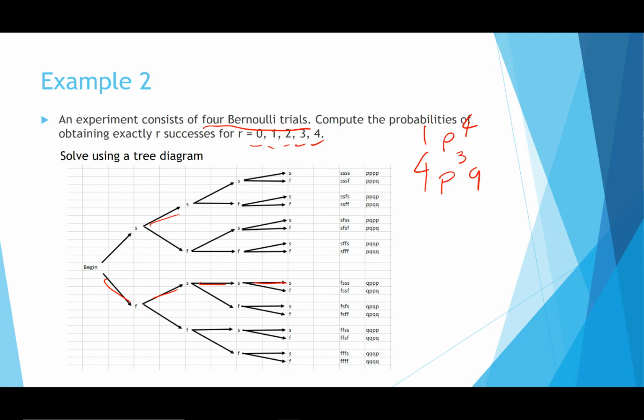How many of the P to the 2nds, Q to the 2nds can we find? So 2 P's, 2 Q's. So that would be here, here, here, here, here, and there. So those are all the ones that have exactly 2 Q's and exactly 2 P's. So that is, count them up, 6, right?